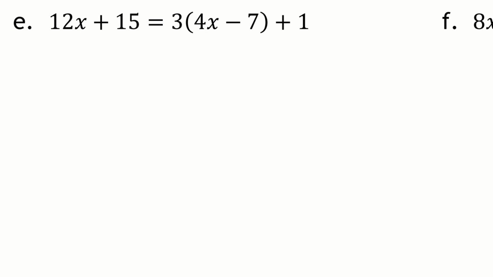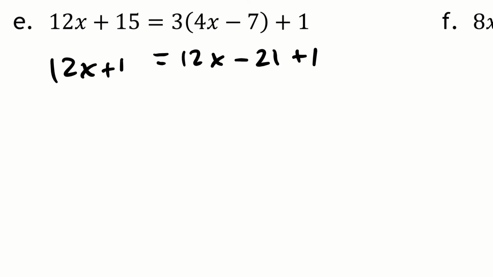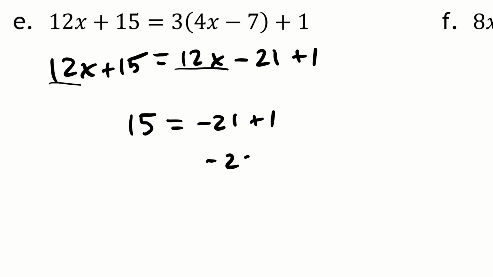For E, I'm going to begin by rewriting a portion of the right hand side as 12x. 3 times 7 is negative 21 and then plus 1. And then over here I've got 12x plus 15. Oh, these are indeed the same. So if I take away 12x from each side, I'm just going to get the statement 15 is equal to negative 21 plus 1, negative 20.